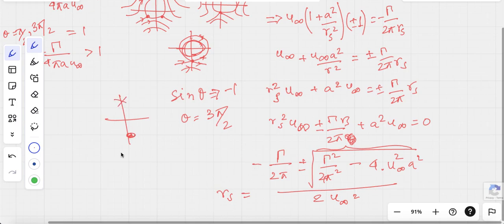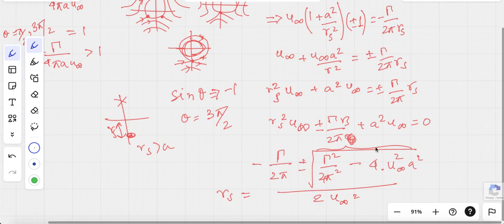This is the distance rs, which is more than a. Again, let me tell you that this can be positive or negative. This cannot be more than this. So if this is negative, then rs is negative. If this is positive, the magnitude of this is more.